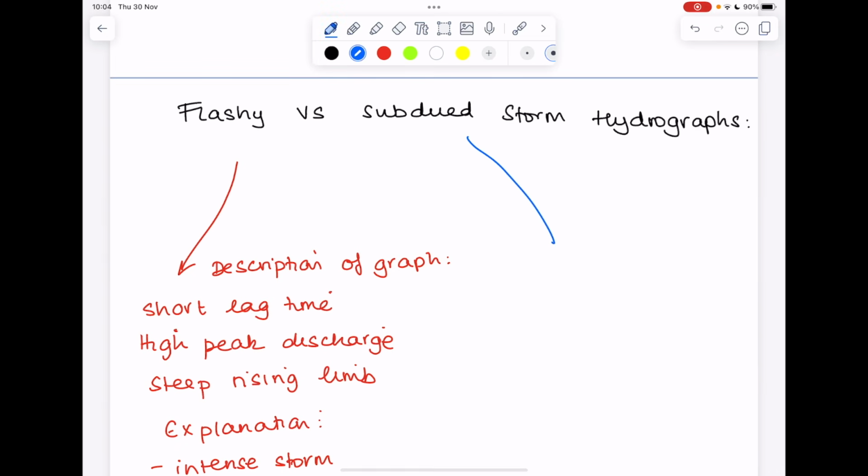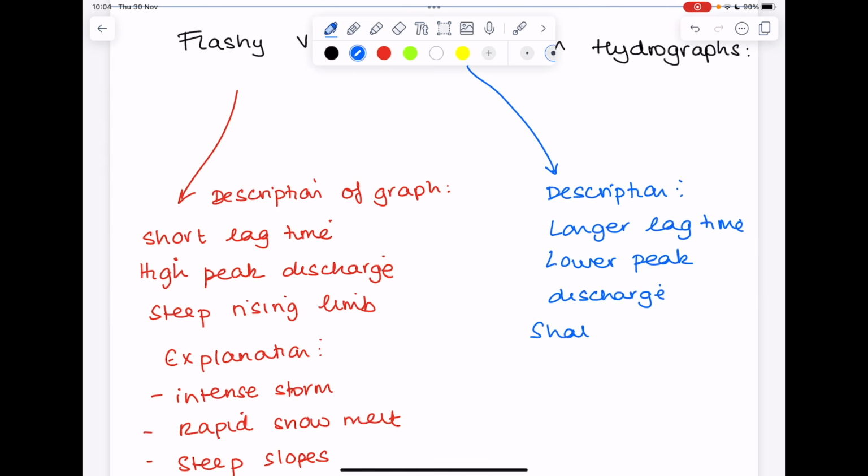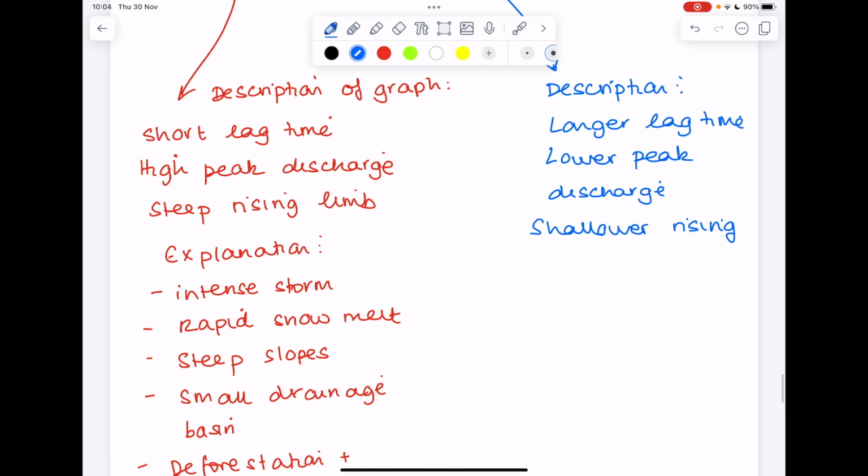If we look at the subdued storm hydrograph then, what do we expect to see on the graph this time? As I've already said, you'll have a longer lag time, lower peak discharge, shallower rising limb. So the reasons for that subdued storm hydrograph will be opposite to the ones we talked about in the flashy one.